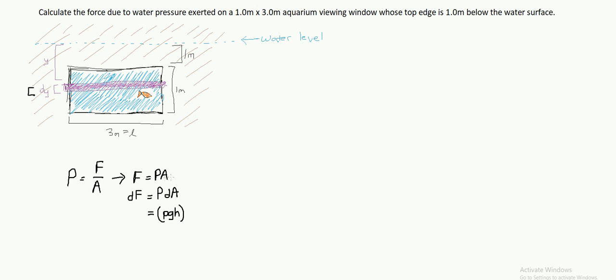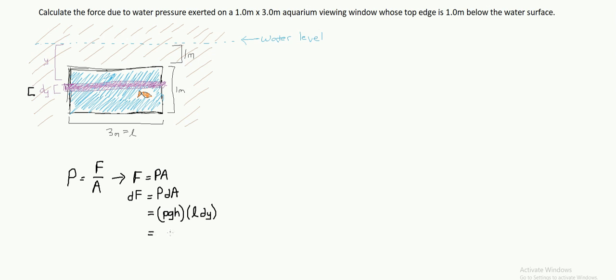And dA, well, area would normally be length times height, for the area of my glass pane. But I'm talking about a differential area, which has all of the length, but only dy's worth of height.